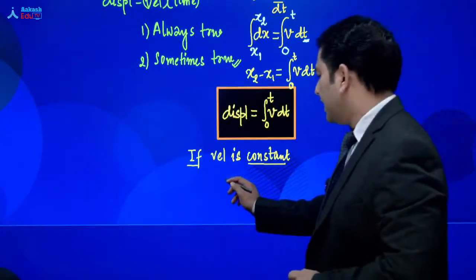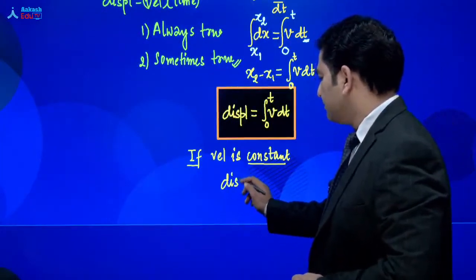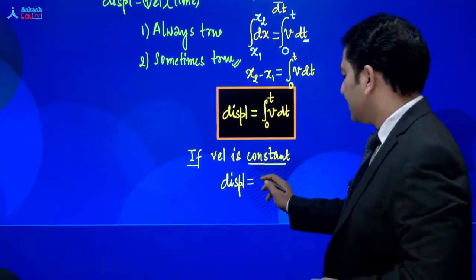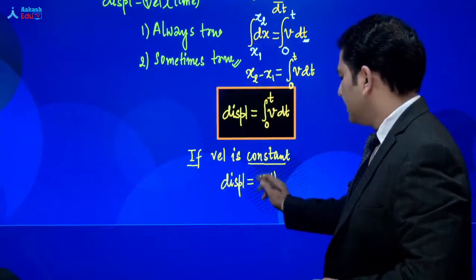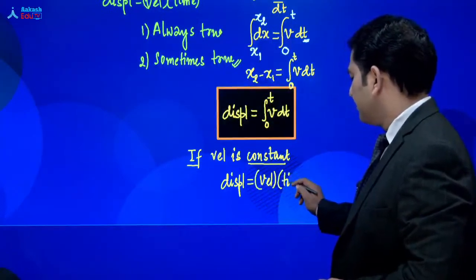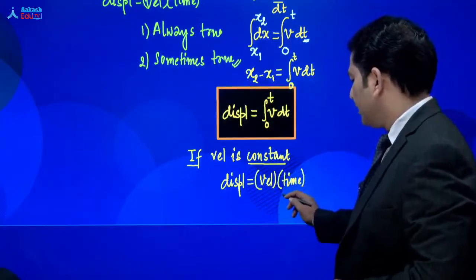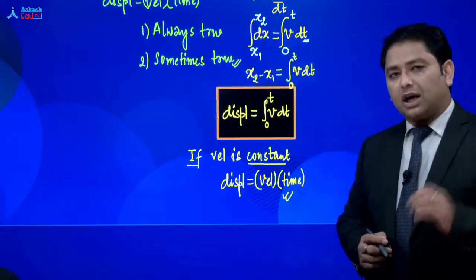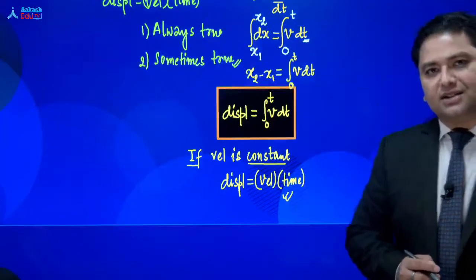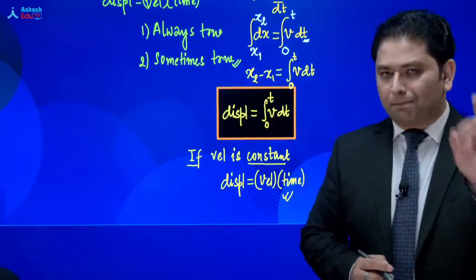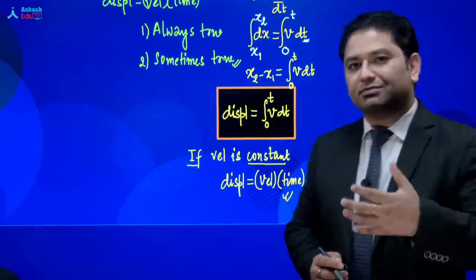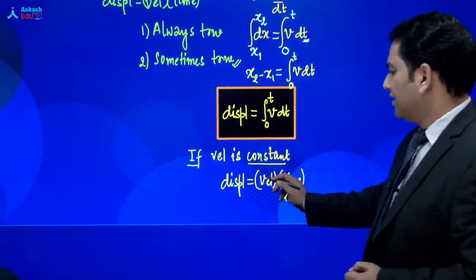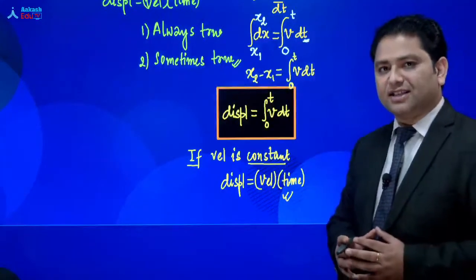So in that case, I will get displacement is equals to v coming outside, that's going to be velocity multiplied by time. Now see from here, we had started our discussion from here. So all of you who wrote sometimes true, you are perfectly right. And what is the condition in that sometimes true? The condition is that the velocity has to be constant.